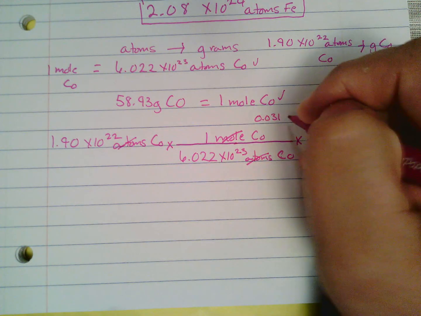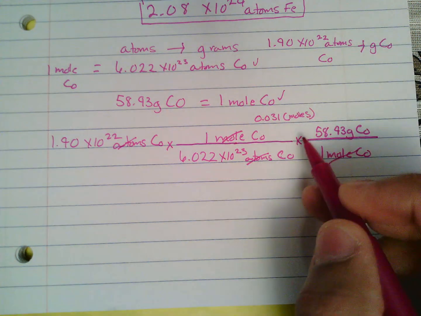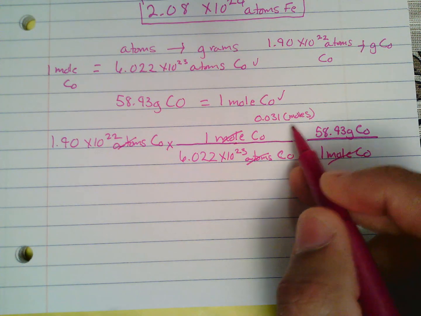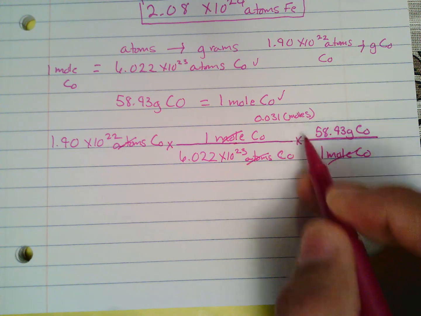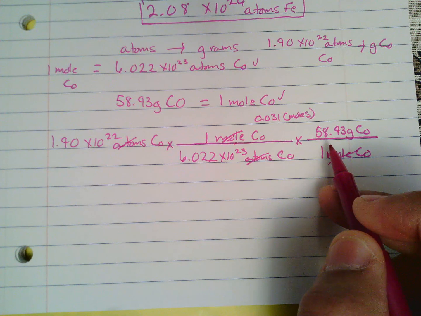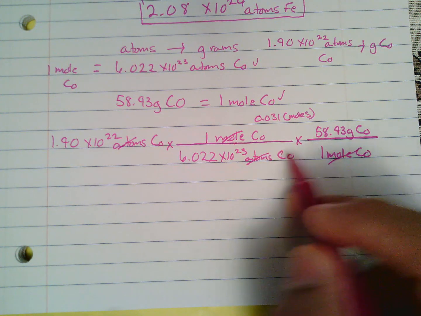That would be moles, okay? But we're not using that. I'm not showing you that specifically, but if you chose to, you could stop there and then set up a new problem where you convert the moles to grams. That's fine. But I'm just going to do it all as one big problem.